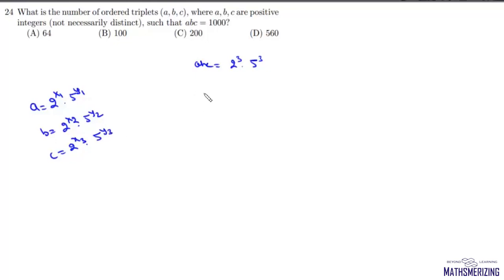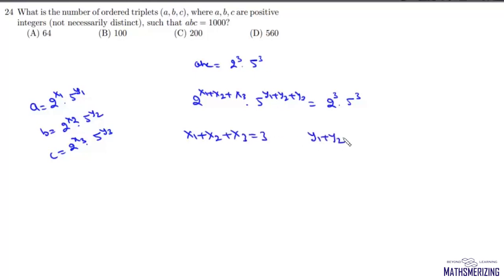Now we'll multiply them, then A into B into C will be 2 to the power x1 plus x2 plus x3 into 5 to the power y1 plus y2 plus y3, and it will be equal to 2 cube into 5 cube. Now we'll compare, and we'll get these two conditions: x1 plus x2 plus x3 equals 3, and y1 plus y2 plus y3 equals 3.